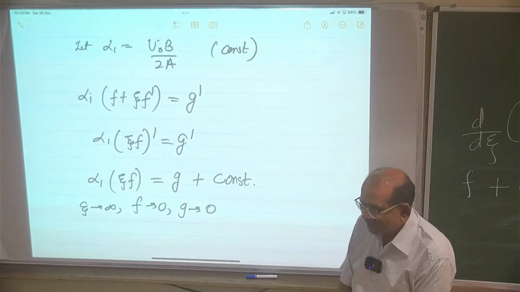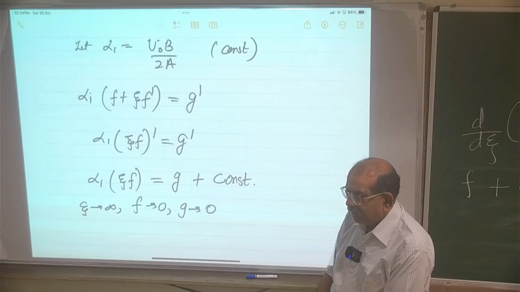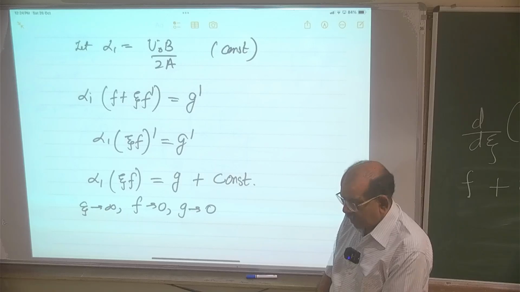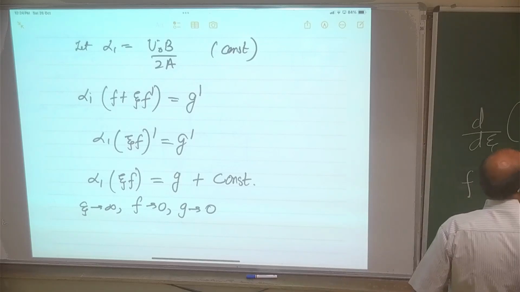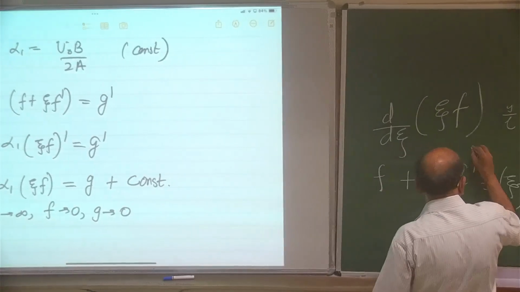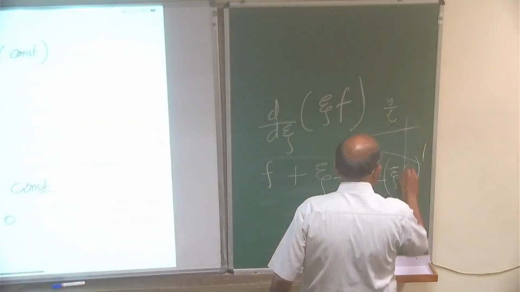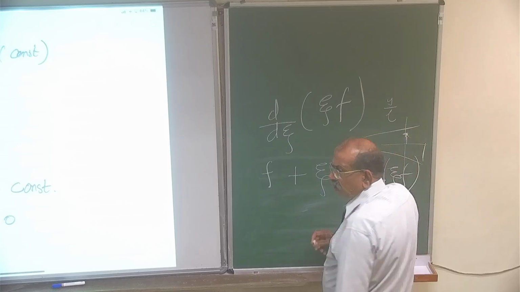Are you asking this? This means that far downstream your L will be very small. At that point your zeta is going to infinity, because zeta is y by L, small l. Small l is some representative length here.